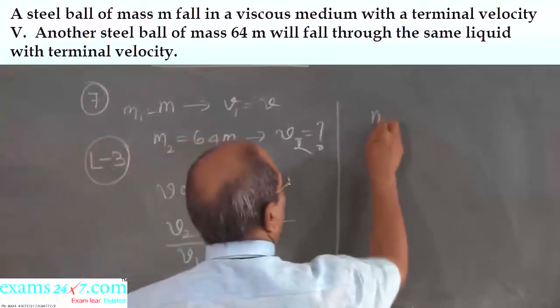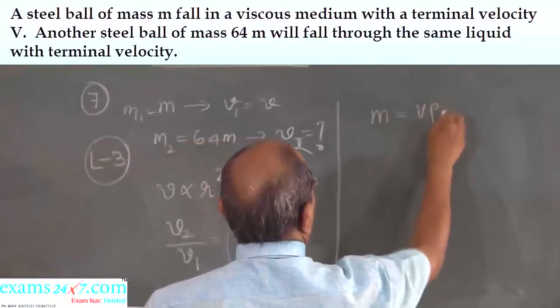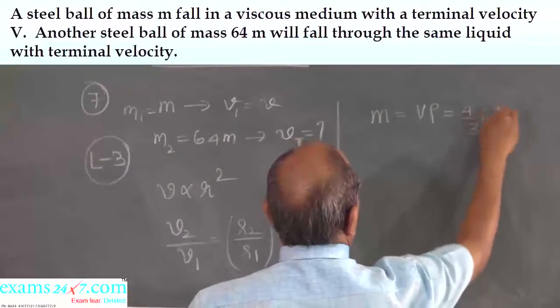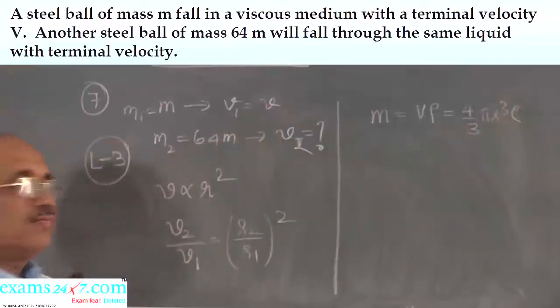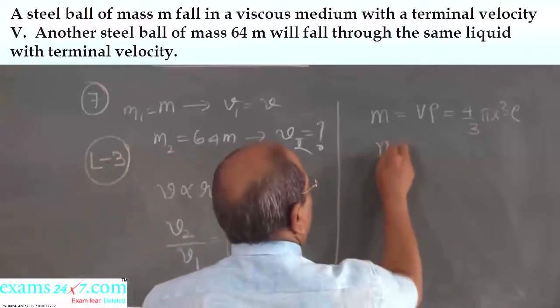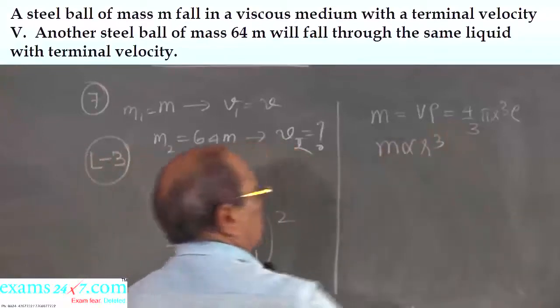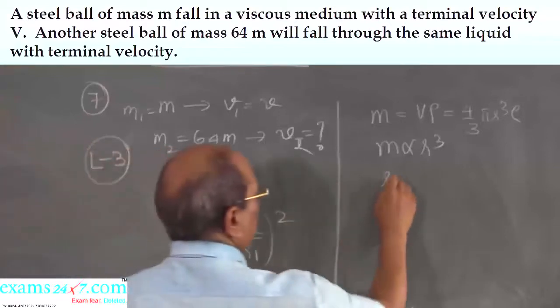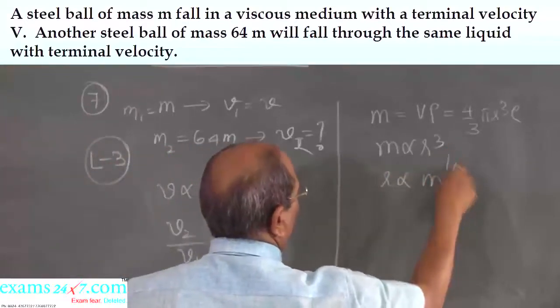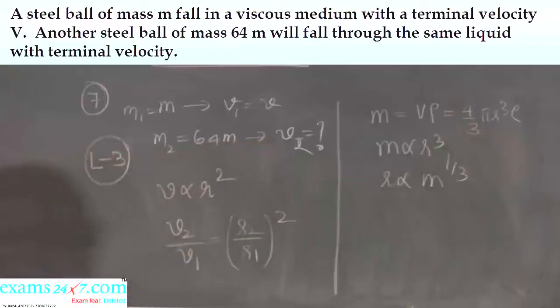How? Mass is volume into density, 4 by 3 pi r cube into density. So this suggests m is proportional to r cube, that means r is proportional to m to the power of 1 by 3.